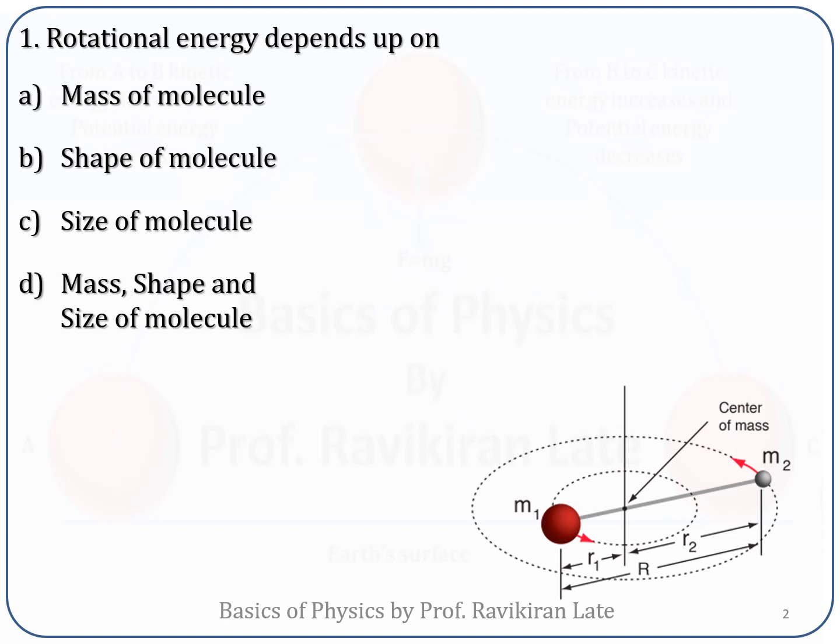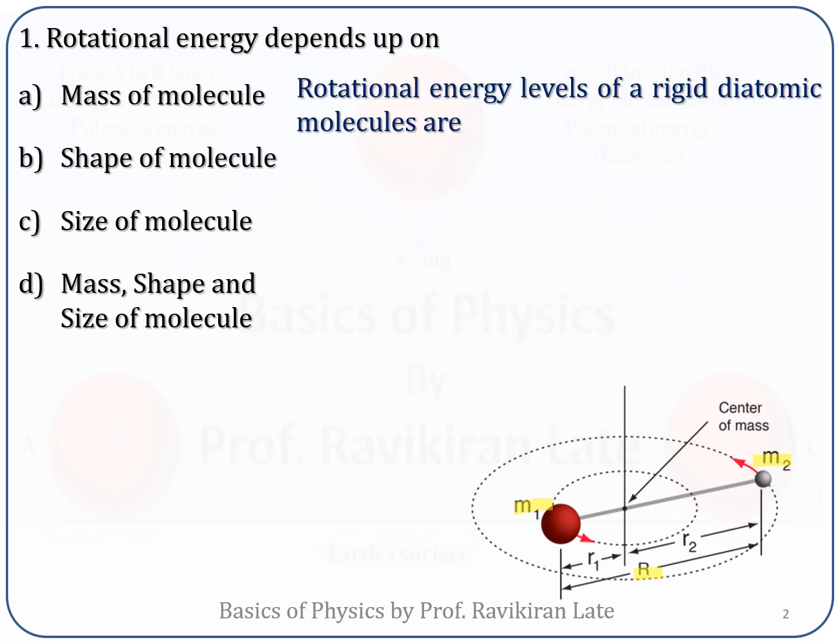Now see, we know that in rotational energy levels or microwave spectroscopy, if you consider a diatomic molecule whose masses are, let us say, m1 and m2, separated by a distance R, then its rotational energies for these rigid diatomic molecules are given by the formula Ej is equal to h cross squared upon 2I into j into j plus 1.